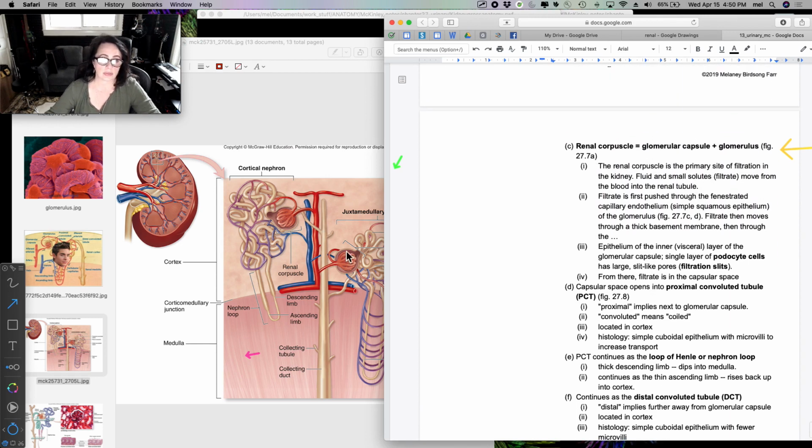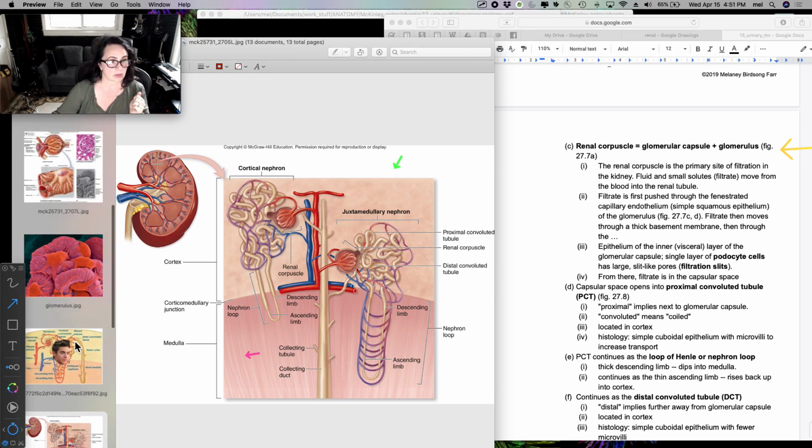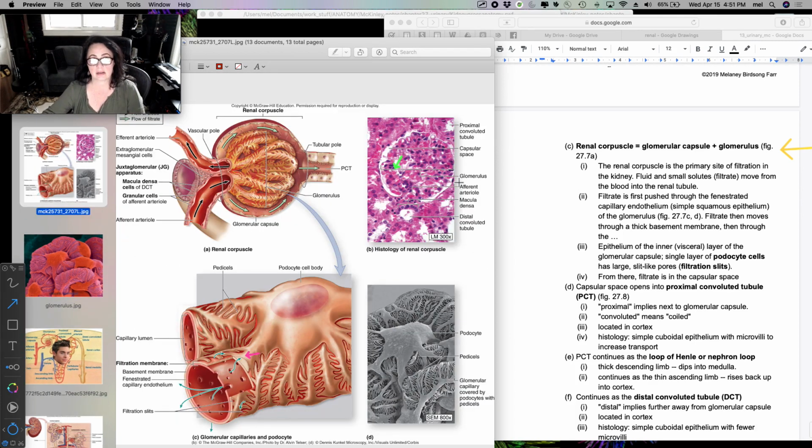Okay, so this structure right here, the capsule plus the glomerulus, is called the renal corpuscle. And the renal corpuscle is what you're seeing right here. So the histology of the renal corpuscle. So the renal corpuscle has both the capillaries and the capsule. It's the first place where you have exchange between blood and urine.